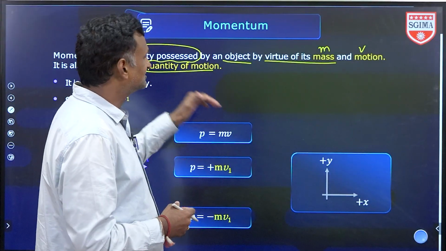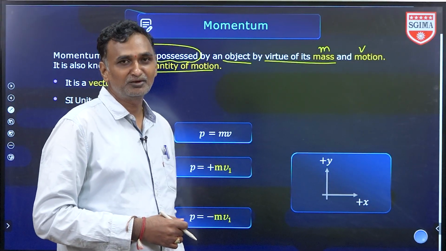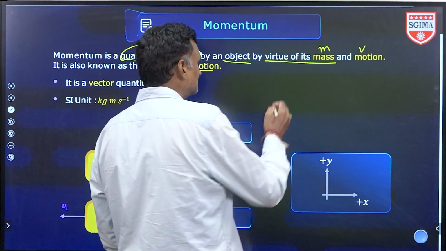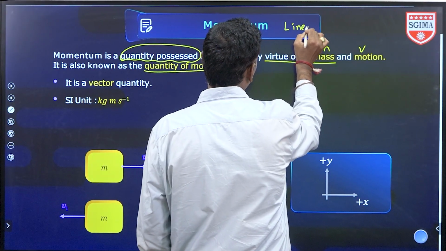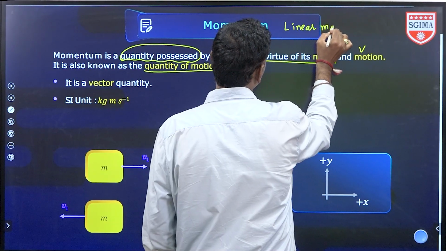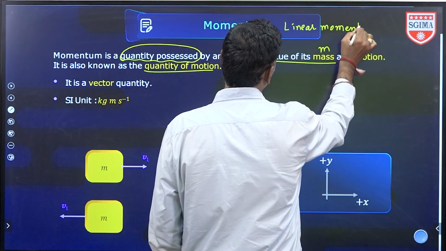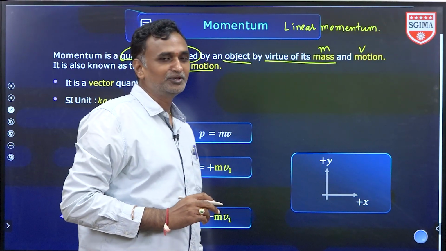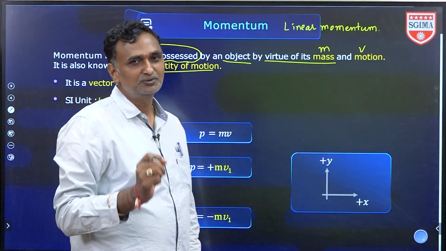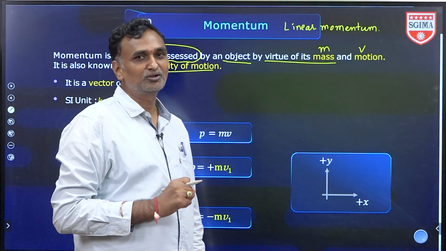Generally this momentum we need to call linear momentum. I told you in the last class also that it is linear momentum. Why should we call it linear momentum? Because in the coming chapters one more quantity will come, angular momentum.